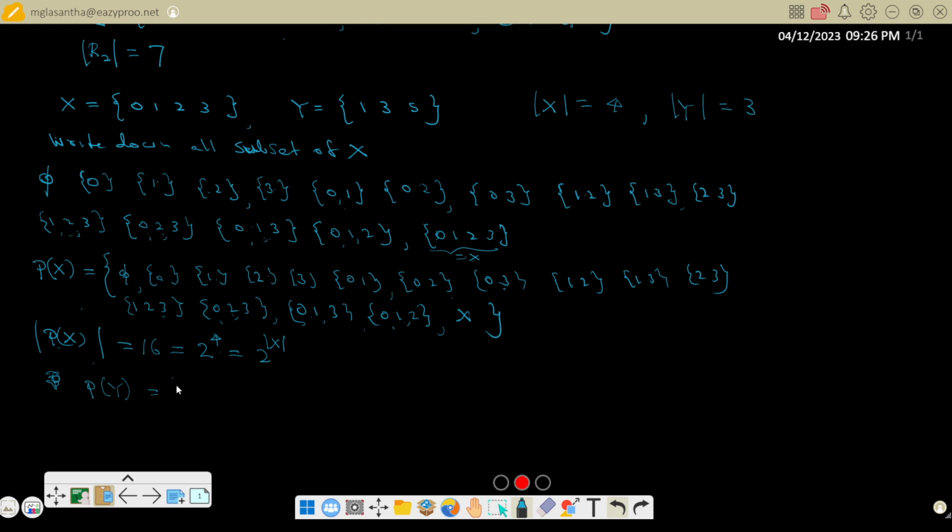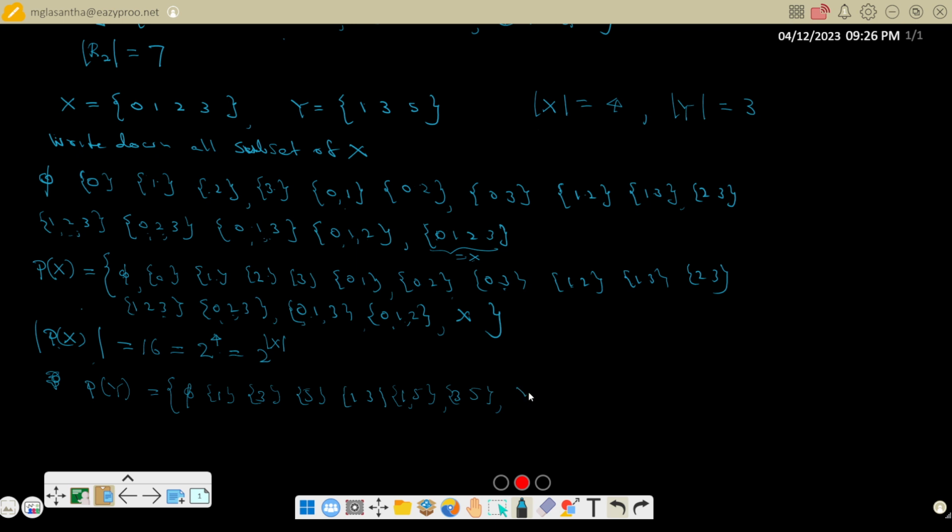Power set. Just write the power set of Y: 1, 3, 5, then 1, 3, then 1, 5, then 3, 5.